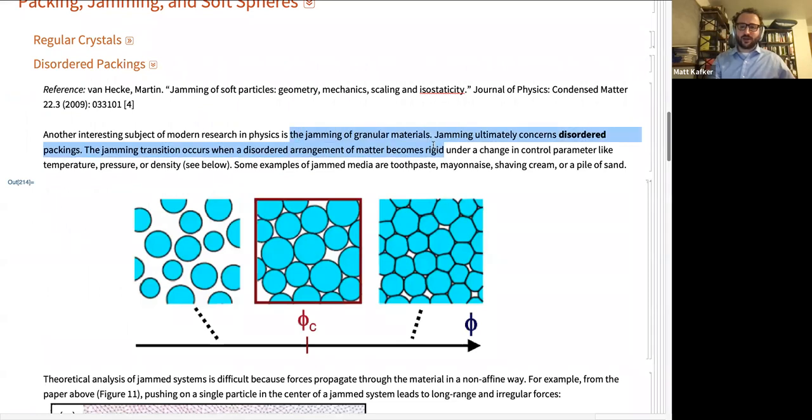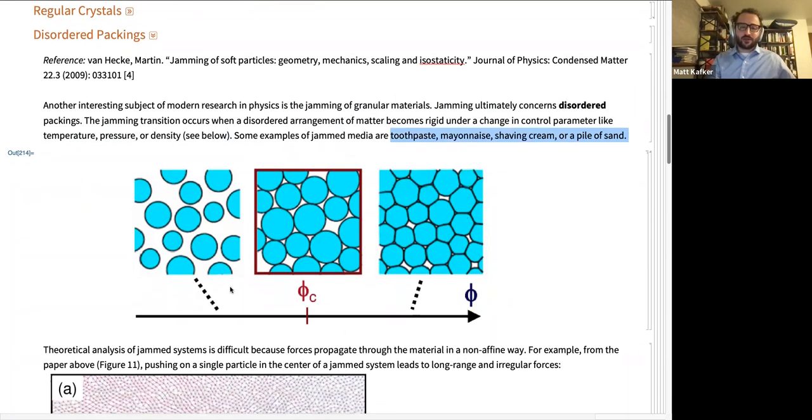Okay, so jamming of granular materials. You have a disordered arrangement of matter, and it suddenly becomes rigid under a changing control parameter like temperature, pressure, or density. Figure stolen from the paper. Some examples are toothpaste, mayonnaise, shaving cream, or a pile of sand.